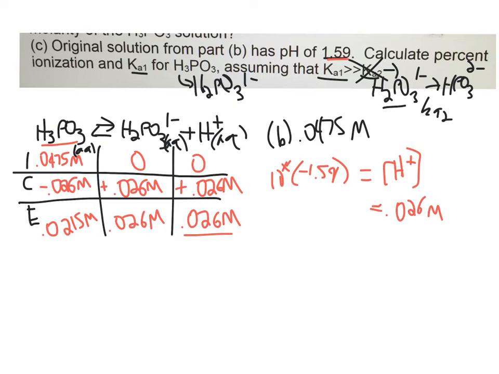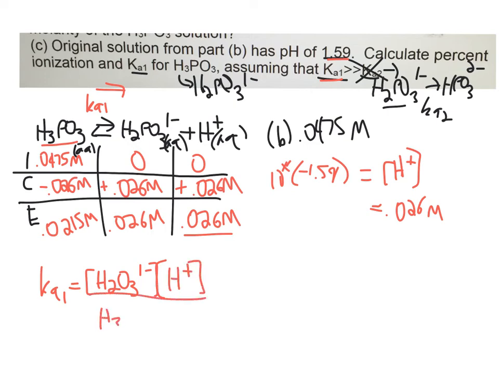So they want us to calculate Ka1, where in this case, remember, this is Ka1 going this way, where it loses the proton. So Ka1, which is what we're solving for, is always the products over the reactants. And now you can literally plug and chug. You can put your values in, and it should look something like this when you are done.